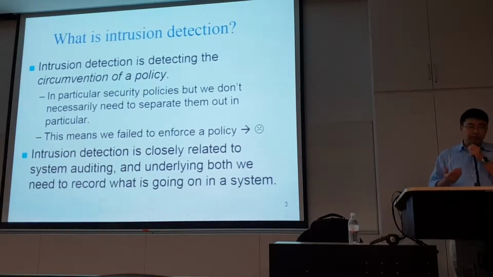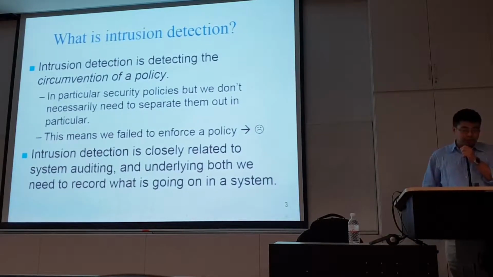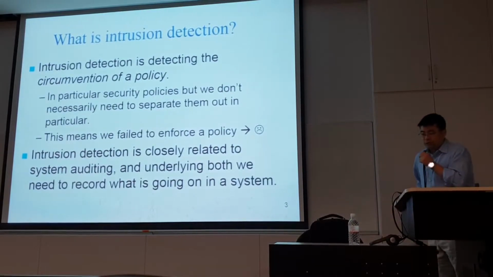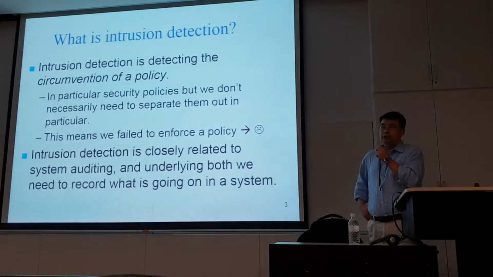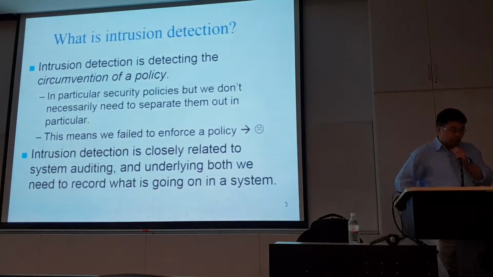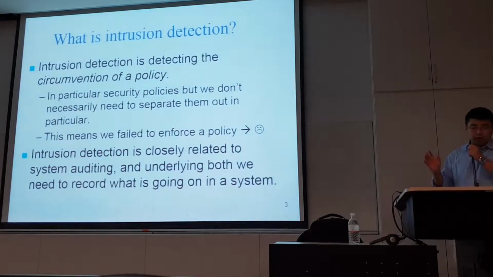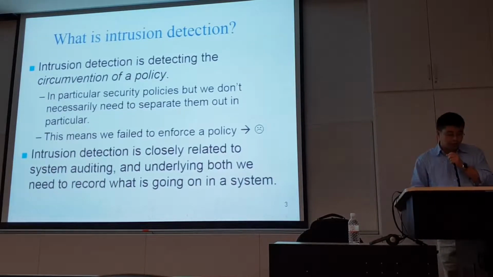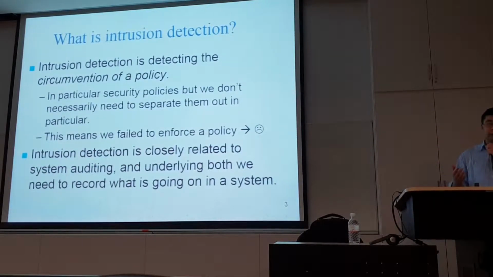We will use a statistical method to distinguish these two types of users, because the way we use the computer system also follows statistics. If the behavior of the user deviates from the normal profile, like the access pattern or the habit or behavior of the user, then we can consider this an intrusion.